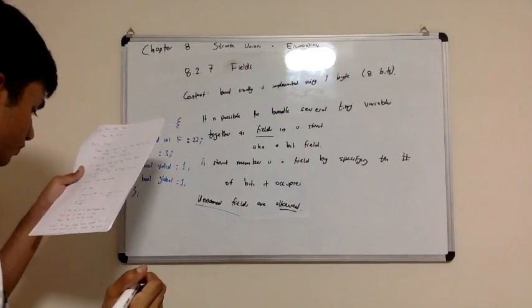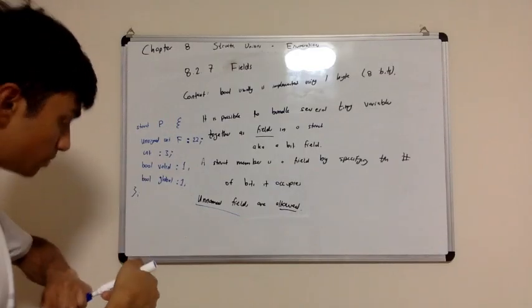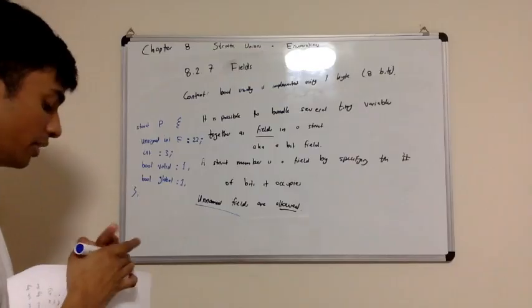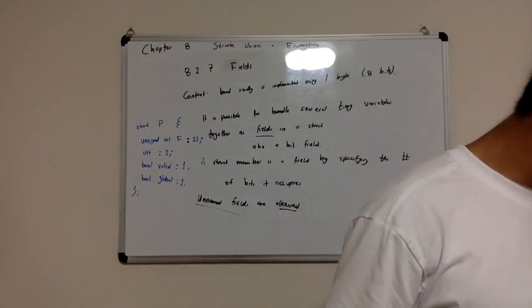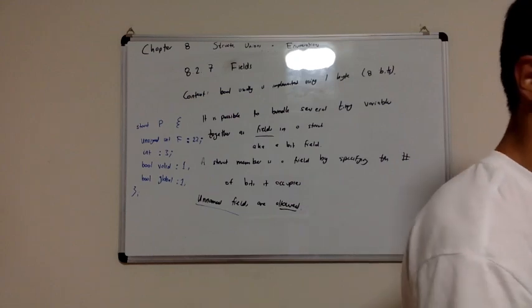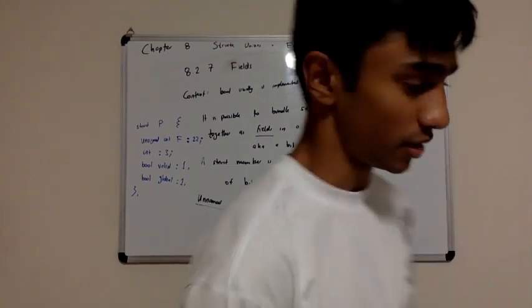So a field must be of an integral type, so char, bool, or integer, or it has to be an enumeration type, which we haven't technically looked at yet. We are looking at it in a second.